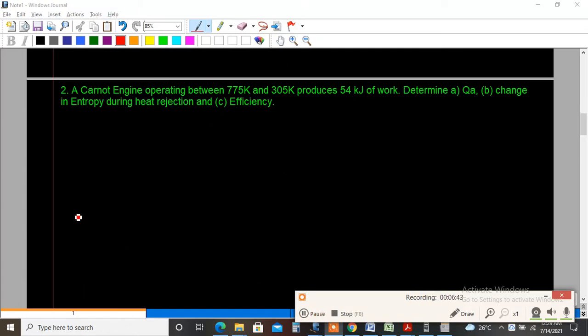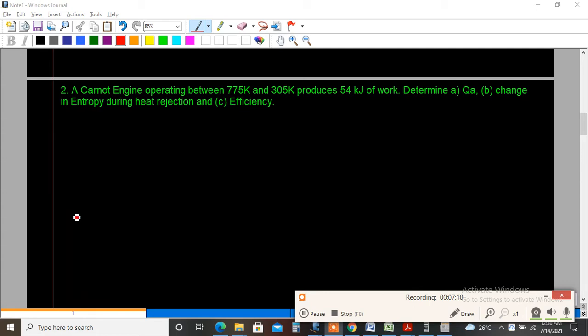Okay. Our next problem. A Carnot engine operating between 775 and 305 Kelvin produces 54 kilojoules of work. Determine the QA, the change in entropy during heat rejection, and its efficiency.